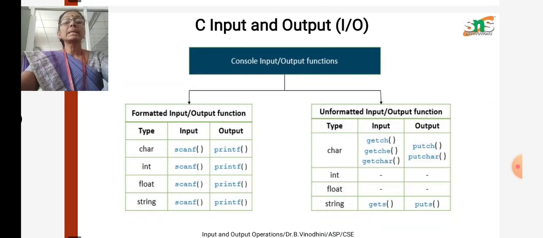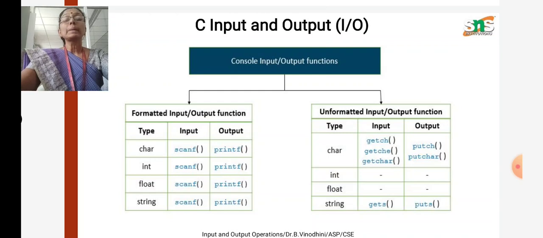Now we will see the classification of console input output functions. It is classified as formatted and unformatted. In the formatted input output functions, we have four types of data type: character, int, float and string. Based on that, the input and output functions are classified. The scanf and printf are used for these data types.